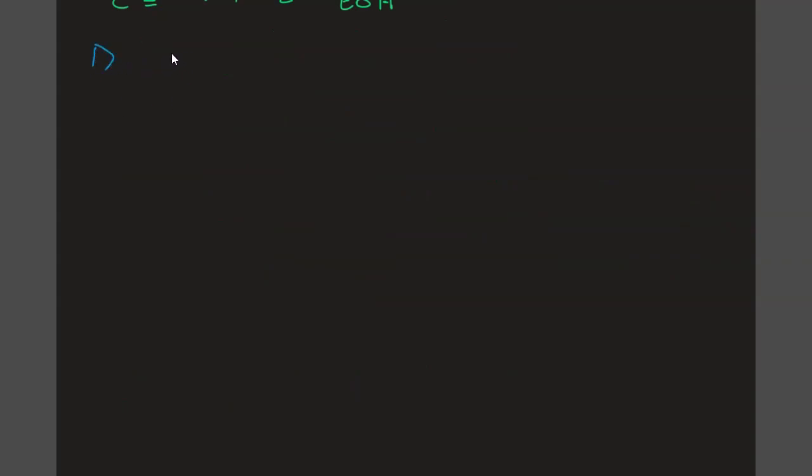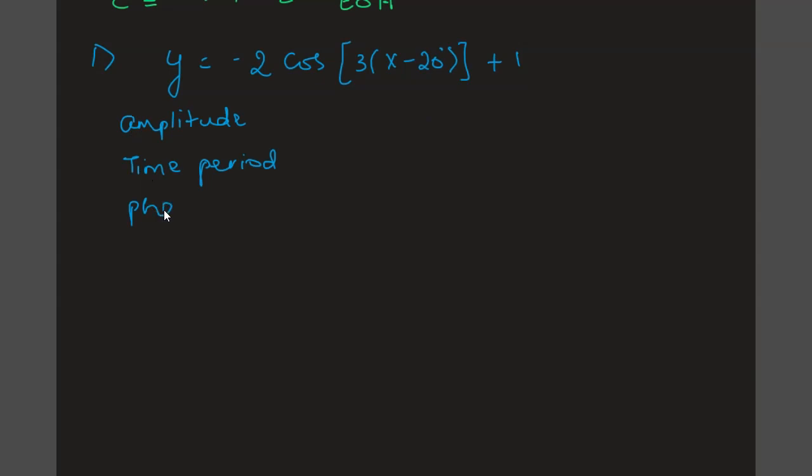Let's take up the first question as y is equal to -2 cosine 3(x minus 20) plus 1. If we are asked to determine the amplitude, time period, phase shift, and equation of axes, all we have to do is just know our a, k, d, and c values.